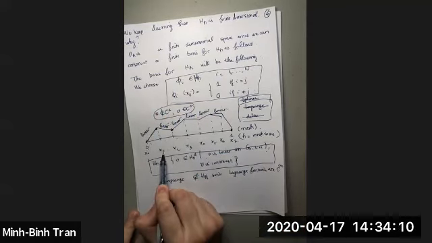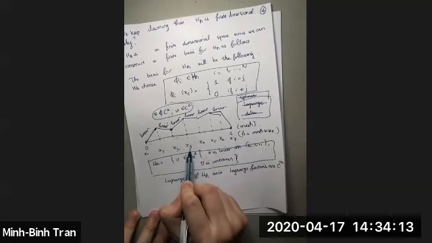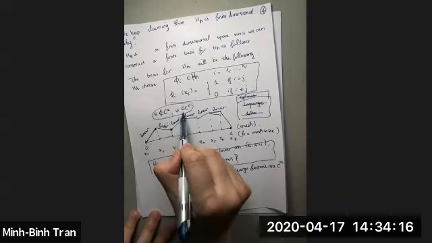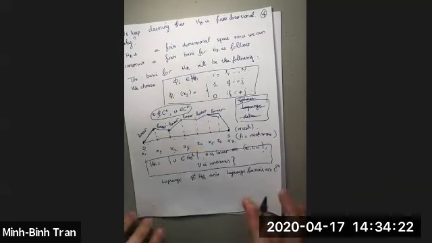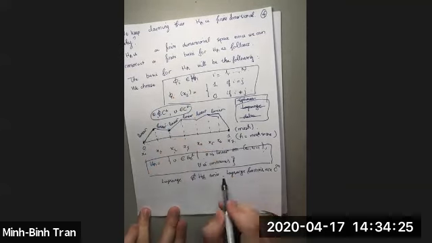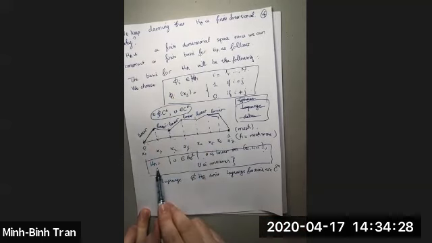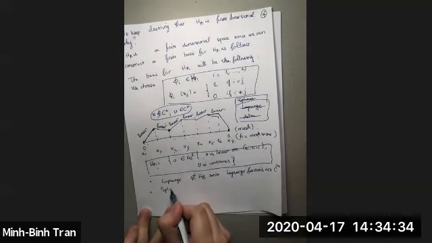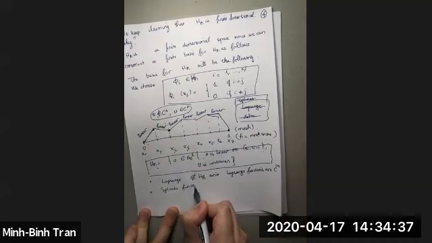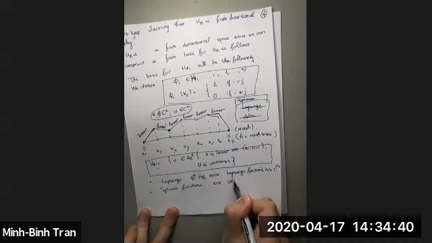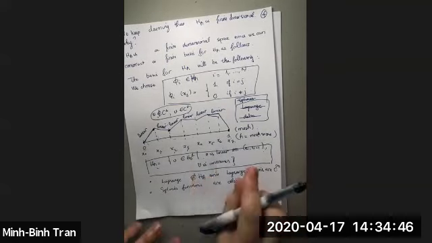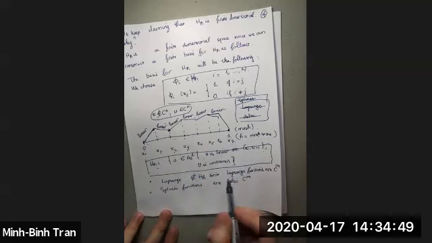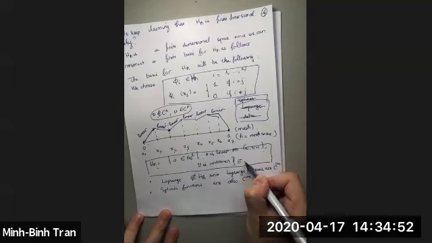For instance, at x1 it is not differentiable, and x2 is not differentiable, and x3 is not differentiable. So this is a C0 function, and this is not a C1 function. So basically, Lagrange functions do not belong to this space. This is the first thing. So Lagrange is not good. Spline is not good. Spline functions are also C infinity, right? So basically, this is the space of piecewise linear functions.